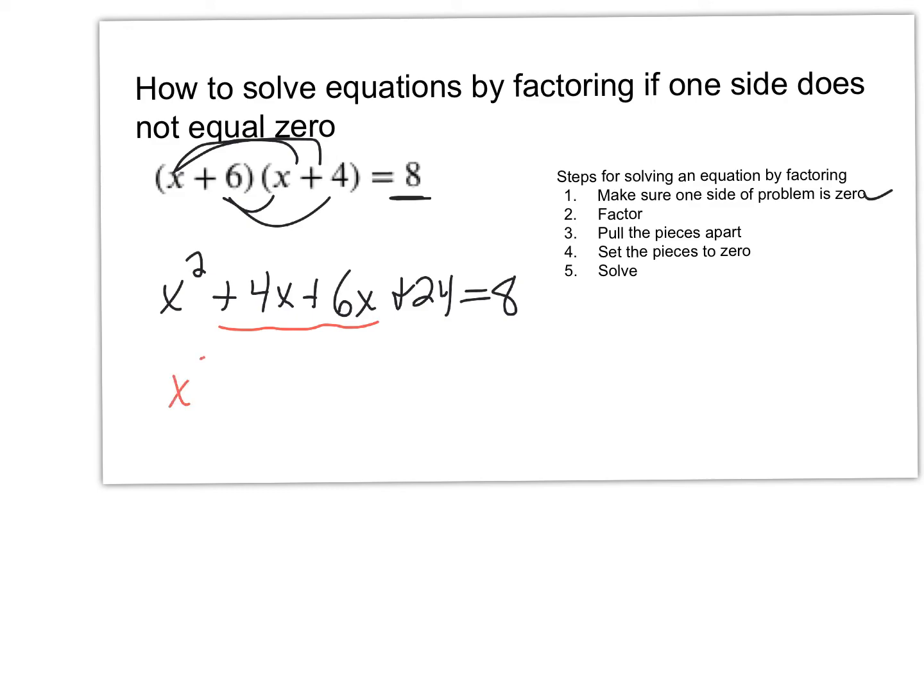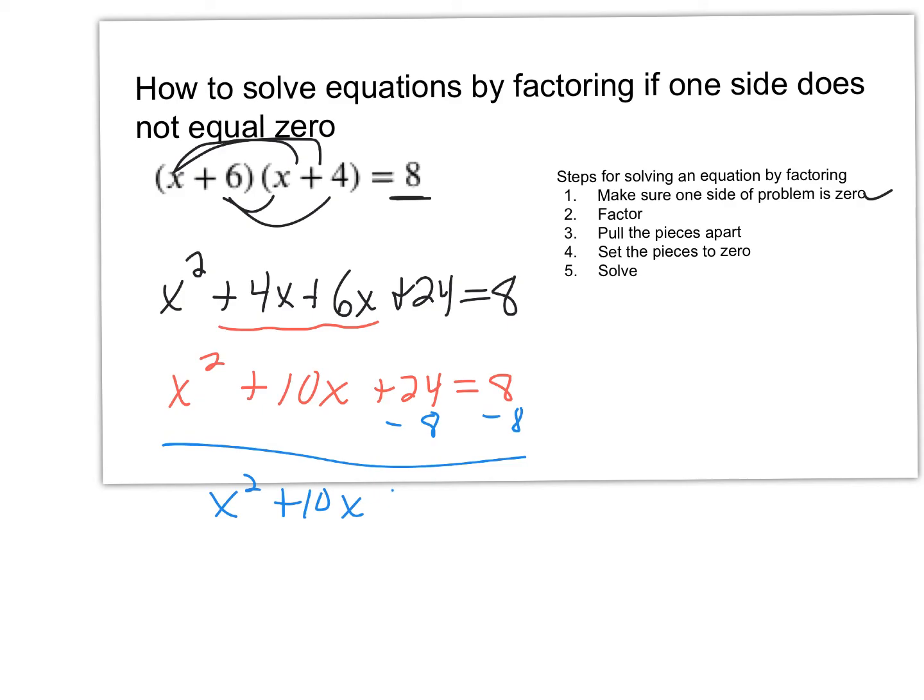So I'm going to have x squared plus 10x plus 24 is equal to 8. Now I need to make sure one side's 0, so I'm going to minus the 8. x squared plus 10x plus 16 is equal to 0.